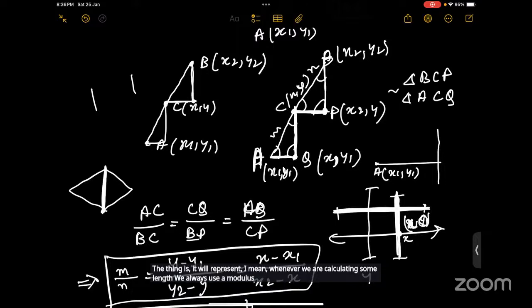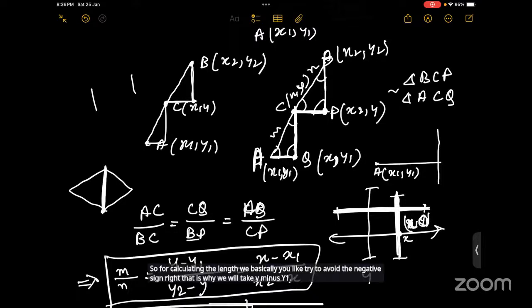So if you are taking a modulus, it doesn't matter, you can write both. But once you are removing the modulus, you have to take the positive one. Because we can see from the picture that y is larger than y1, right? So if I take y1 minus y, we will get the length, but the negative length. For calculating the length, we basically try to avoid the negative sign, right? That is why we take y minus y1.